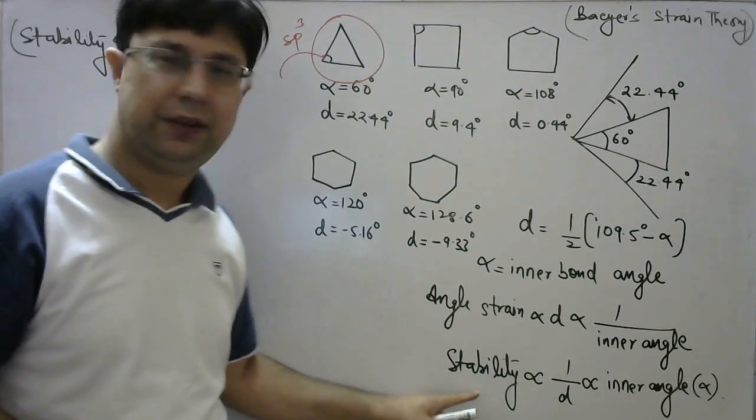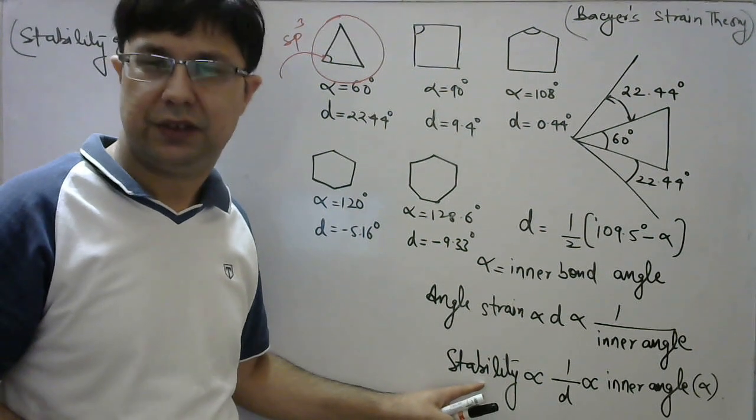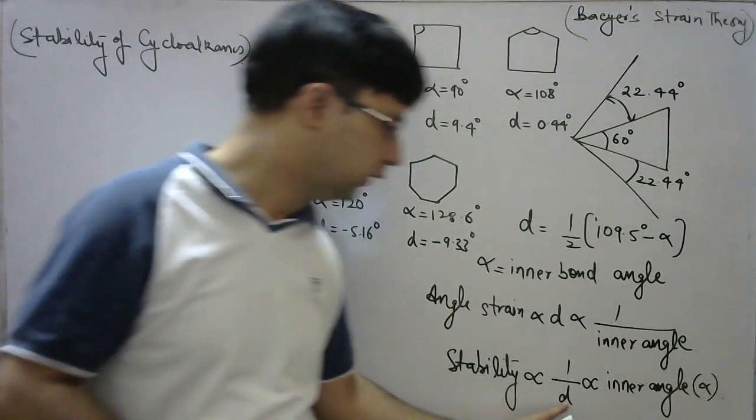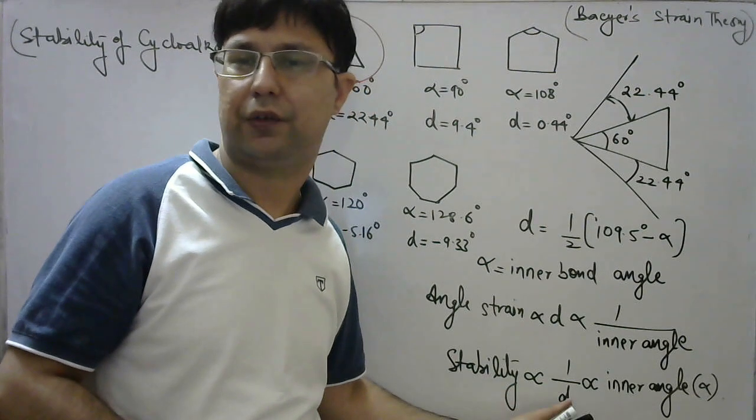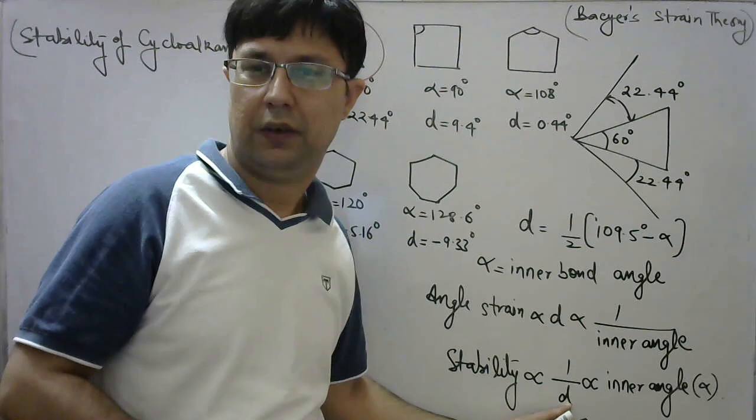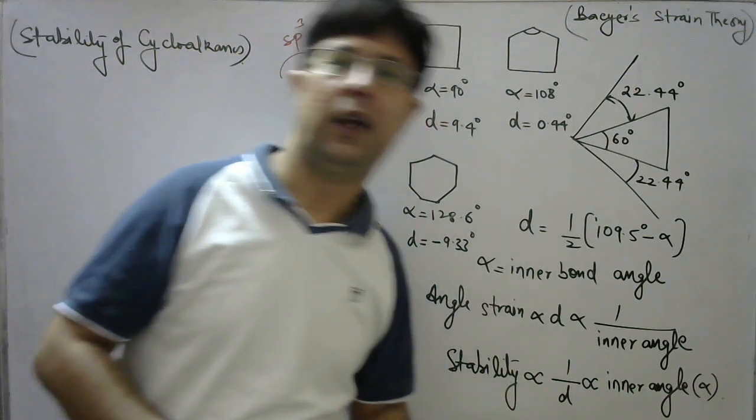So I can say that the stability of any molecule is inversely related to D, the angle of deviation, and proportional to the inner angle.